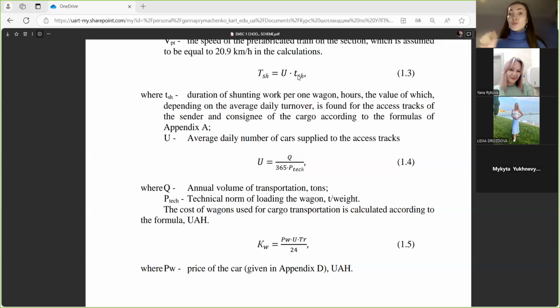So we multiply by the sum of these 2 times, please. And the result is time for this type of work. Leave 2 points after the comma, and the result will be in hours. Okay.